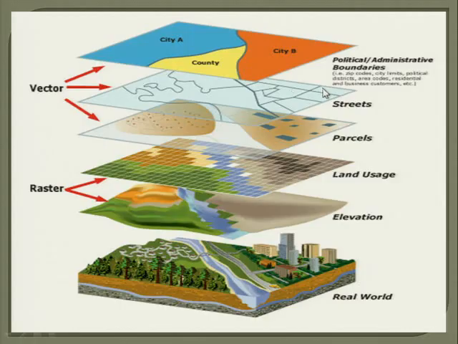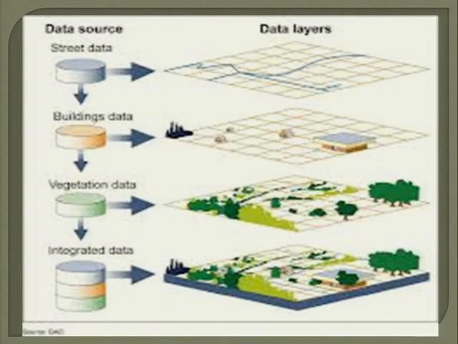But the very same lines, we know they are described from the vector data, which can either be a point or a line or even a polygon. Then you've got raster data. Raster data, you get it in the form of pixels or small grids that give the clarity of an image. The vector data and the raster data, I'll also dwell deeper into when you move to the next slide.